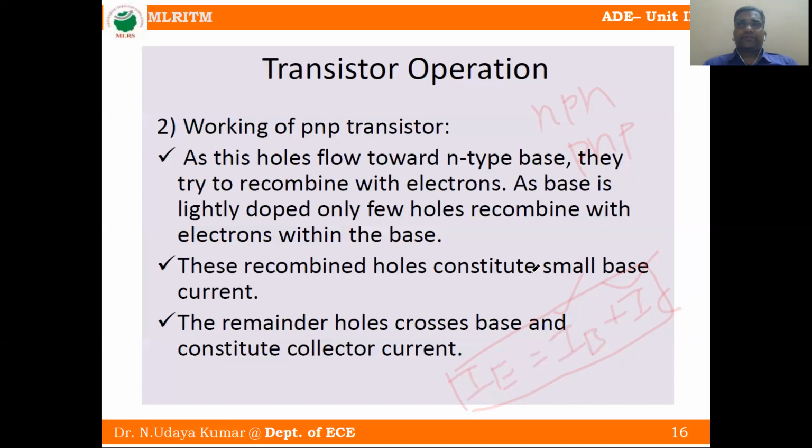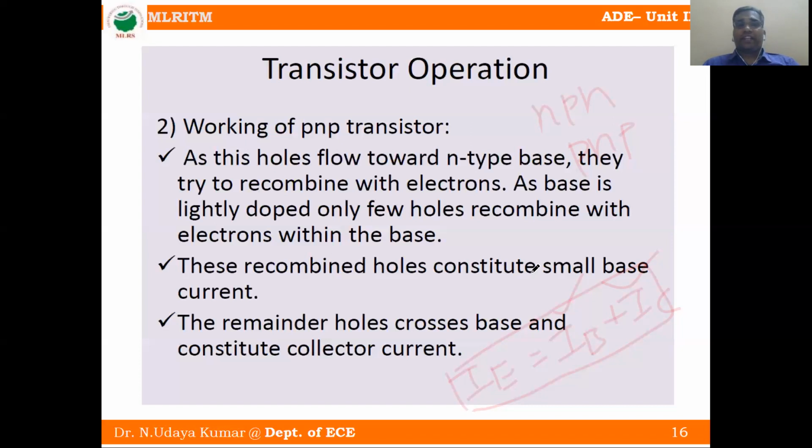It consists of two junctions and three terminals. The junctions are called the emitter base junction and the collector base junction. The three terminals are called emitter, base, and collector. The emitter is heavily doped, the collector is moderately doped, and the base is lightly doped.